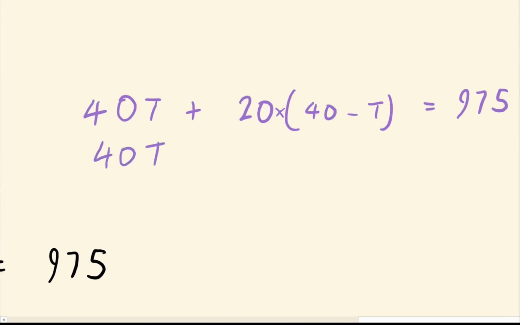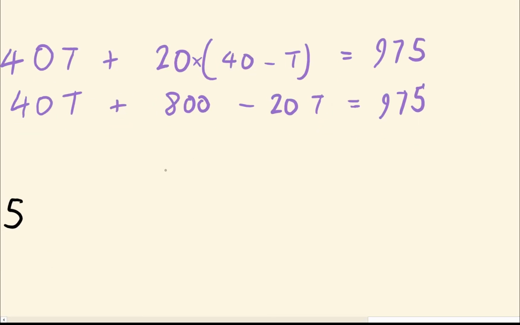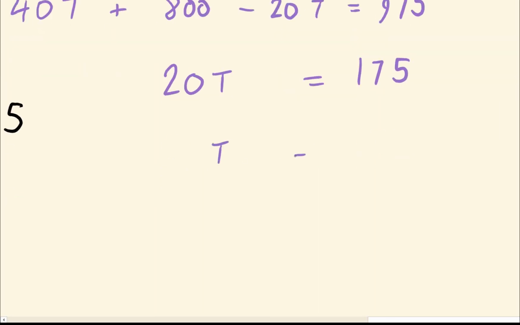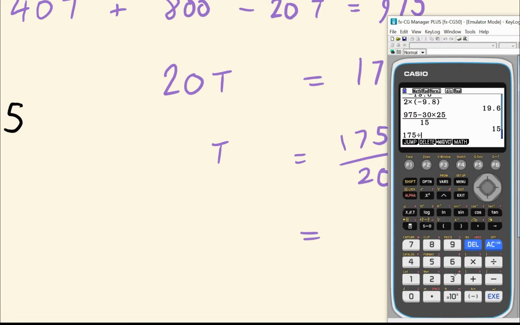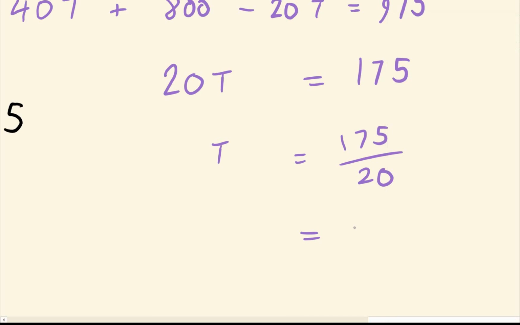So 40t, 20 times 40 is 800, 20 times minus t is minus 20t, and that equals 975. So 40t take away 20t is 20t, minus 800 off gives us 175, and therefore t is going to be 175 over 20. Which again you should calculate, and that should be 8.75.